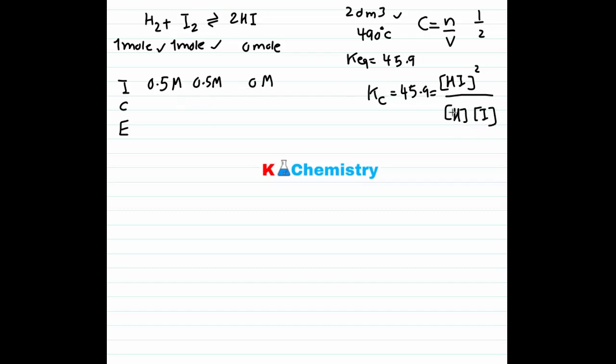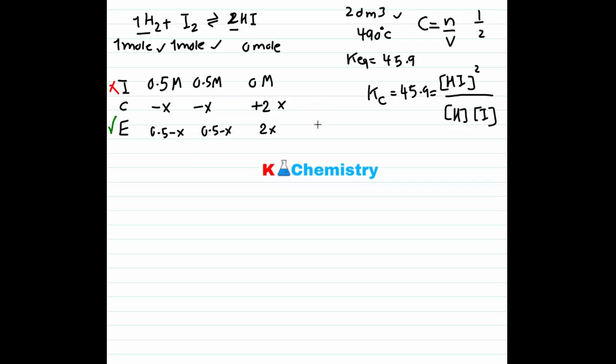But wait, we don't have the concentrations, because we are looking for the concentrations at equilibrium, not at the initial. So we need to find the change that happened. If this one is 0.5 and it has decreased by x, and this one also decreased by x because the ratio is 1 to 1, then this has to increase by the value of 2x because the ratio is 1 to 2 here. So 0.5 minus x and 0.5 minus x, and 0 plus 2x means 2x.